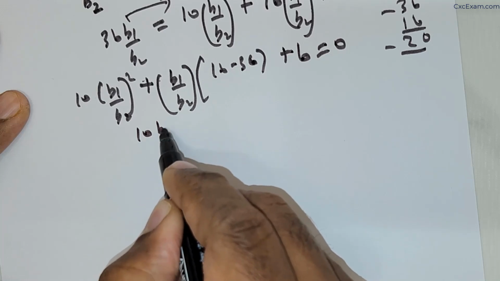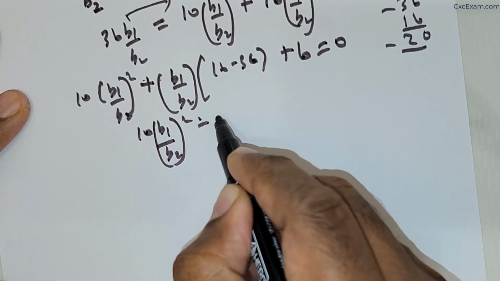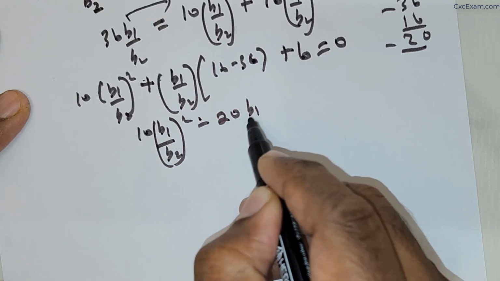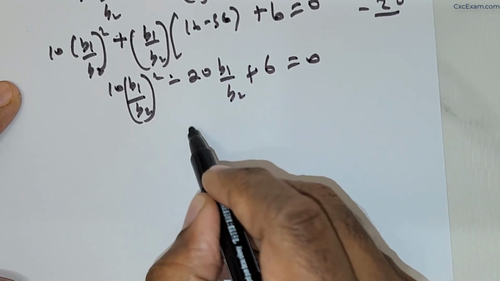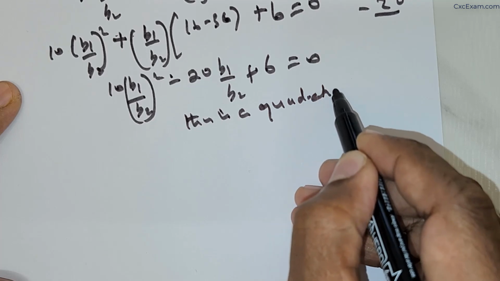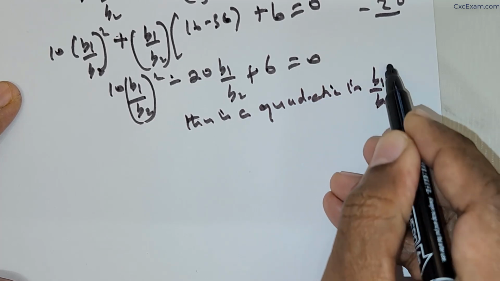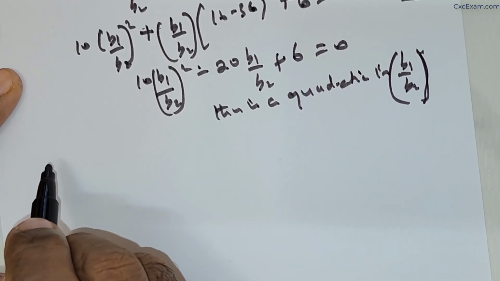So this is going to be 10 b1 over b2 squared minus 20 b1 over b2 plus 6 is equal to 0. Now this is quadratic in b1 over b2, which makes our life much easier.